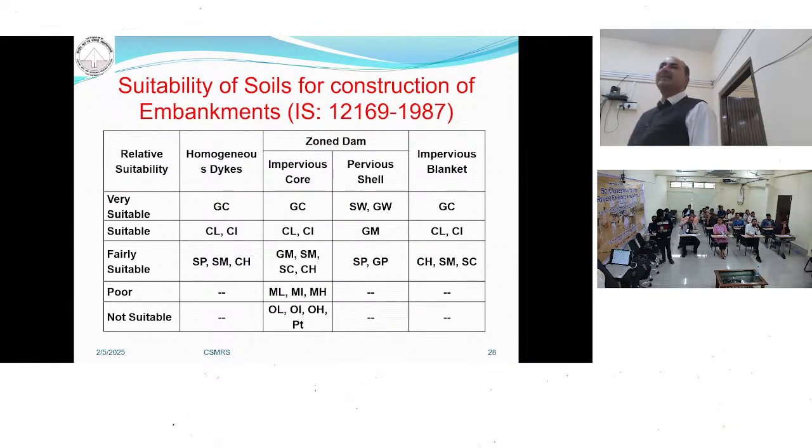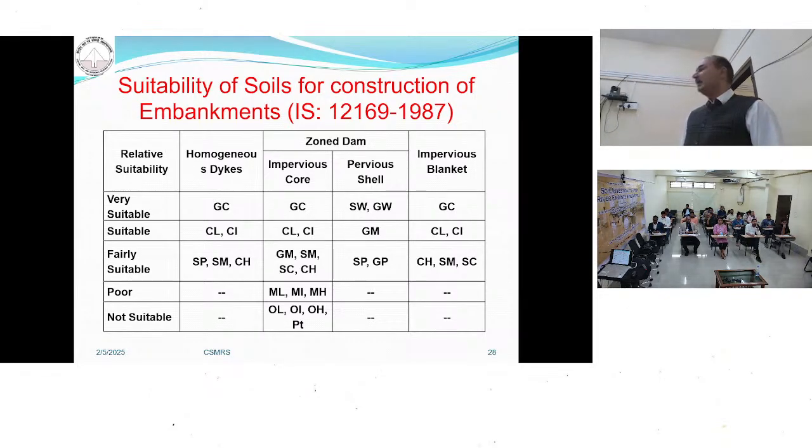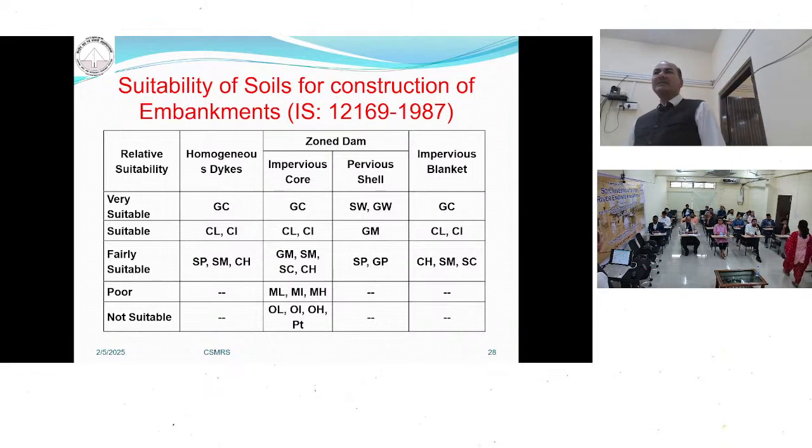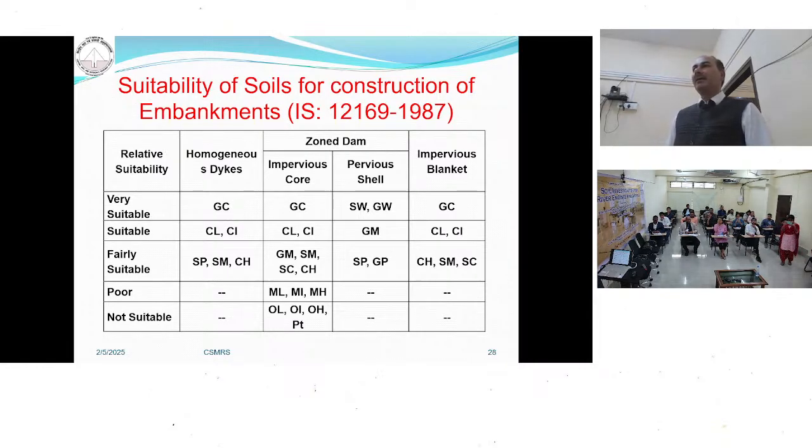So once you have tested in the laboratory, yesterday I have shown you, depending upon your material, you can classify the material as very suitable, suitable, fairly suitable, poor, and non-suitable. Yesterday we discussed the most suitable material for the core is clay.